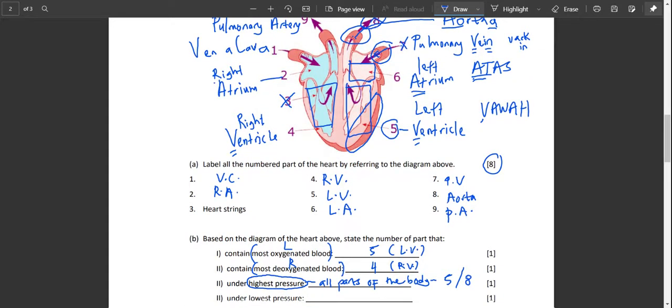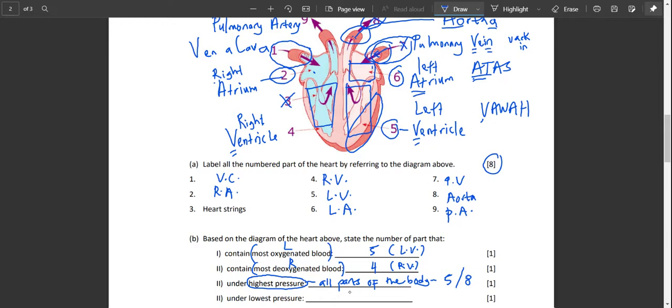And lowest pressure should be where the blood goes back to your heart, which is possible to be number 1 or number 7 or number 2 or number 6, because atrium, the blood pressure should not be strong yet.